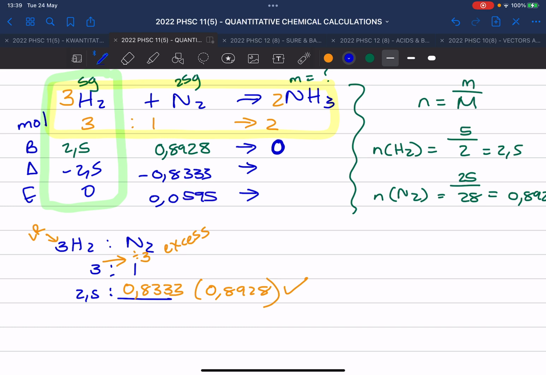595. Kijk, hier in die molverhouding, is 3 tot 2. Maar ek het nie 3 nie, ek het 2.5.